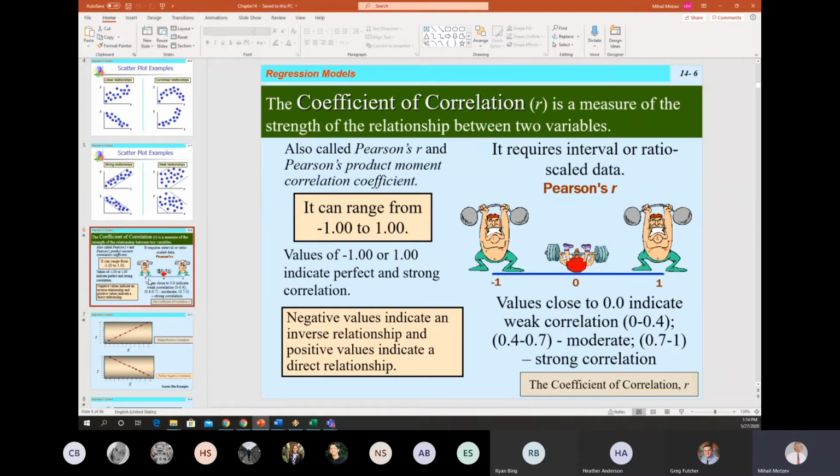And as we'll see very soon, the coefficient of correlation is based on the standard deviation formula. And because it's a ratio, its value can vary from -1 to +1.